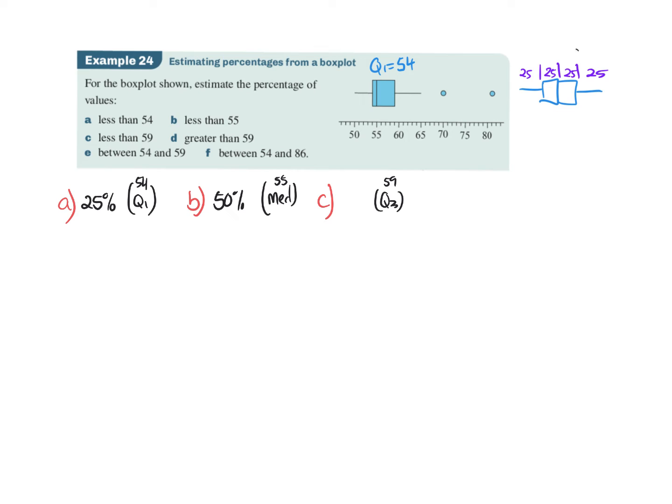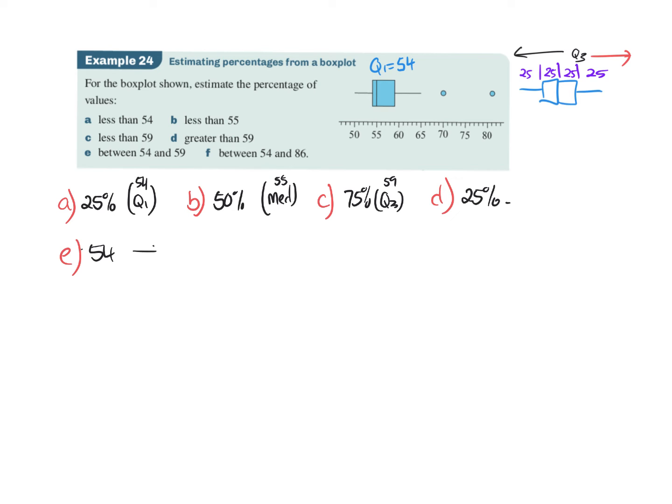So if you're going from Q3 less, how many percentage is that? 75. Yep, 75, good. And then if you've got D greater than 59, so that would be that way. How much is bigger than the Q3? 25%. Good.